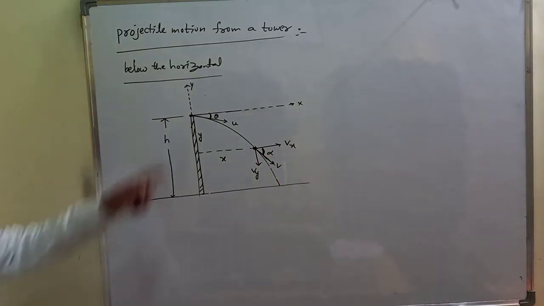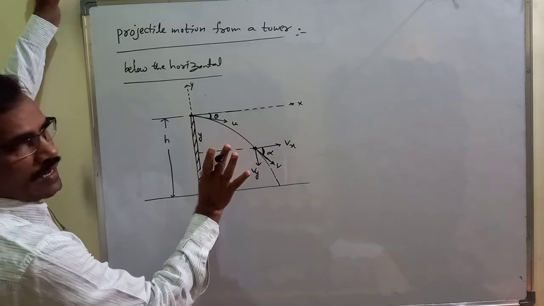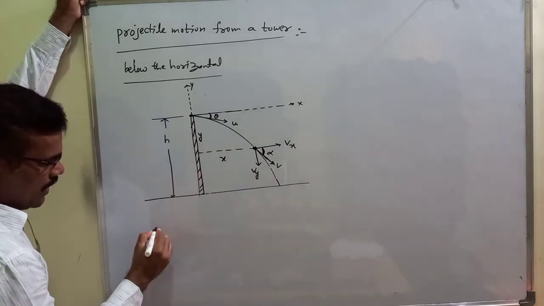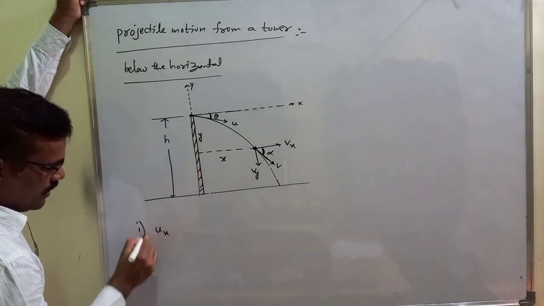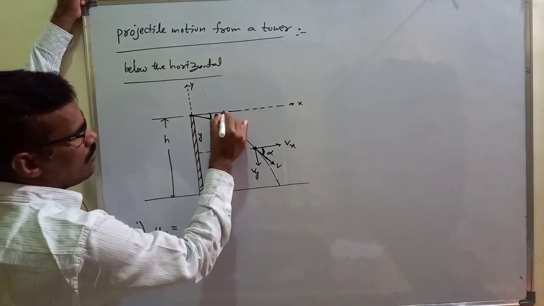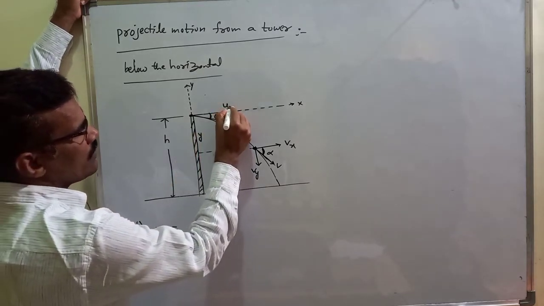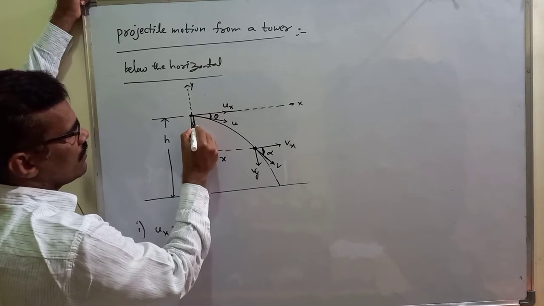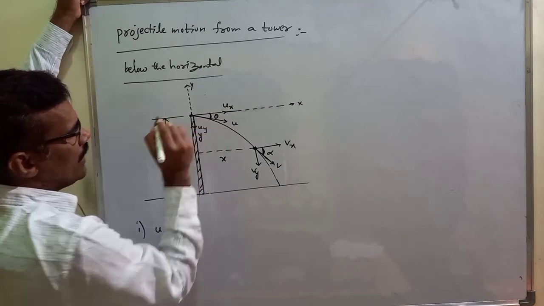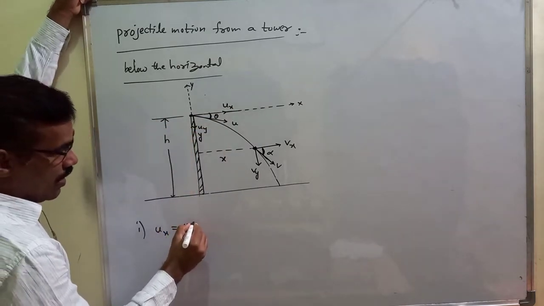U can be resolved into two rectangular components. Along this side is Ux, along this side is Uy. Ux equal to what?